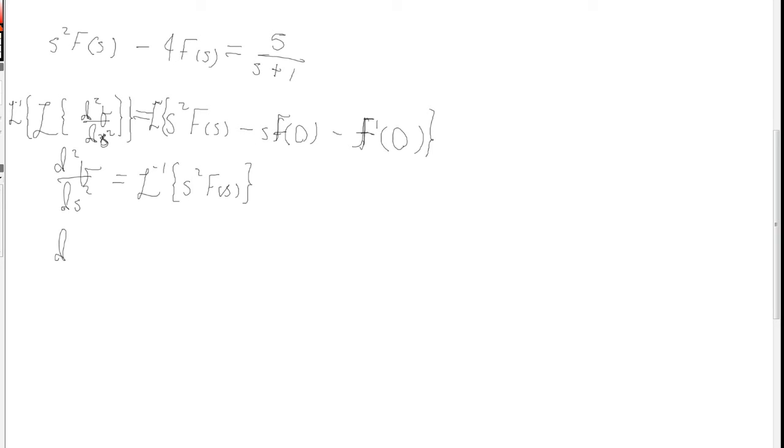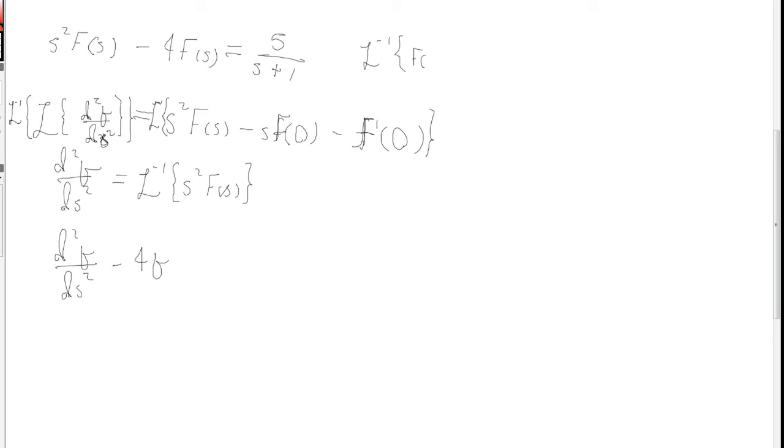So we have d squared f over ds squared minus 4 some function f, right? Because we're just doing this, assuming it's a continuous function. Oops, sorry.